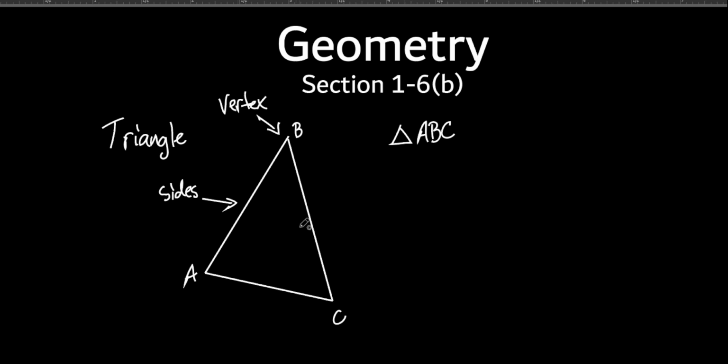Now, here's something. Since we're talking about sides and all that kind of thing, let's go to a different color. What if I asked you, what is the angle that is opposite side AC? You could probably look at this and just figure it out just by me asking the question. What is the angle that is opposite side AC?